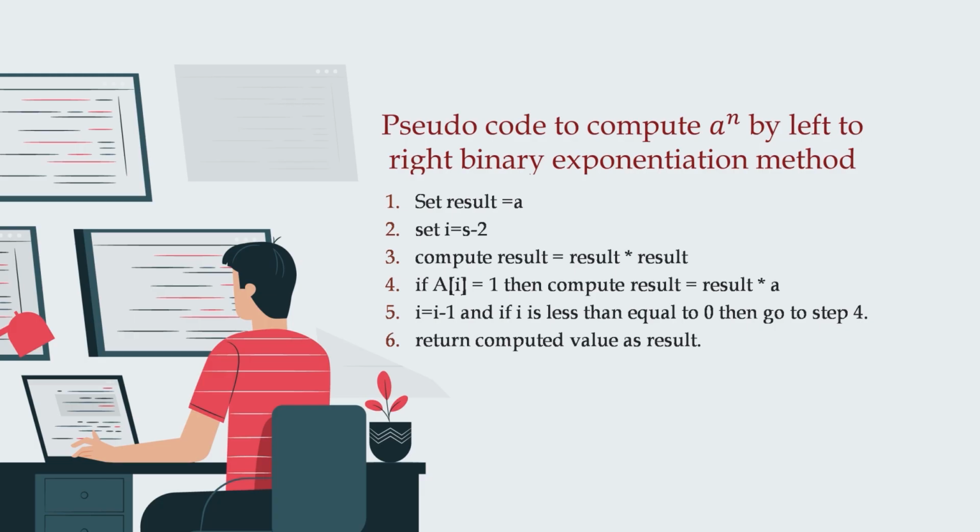If we encounter i equal to 1, then compute result equal to result into a, and i equal to i minus 1. If i is less than or equal to 0, then go to step 4, and finally return the computed value as the result.